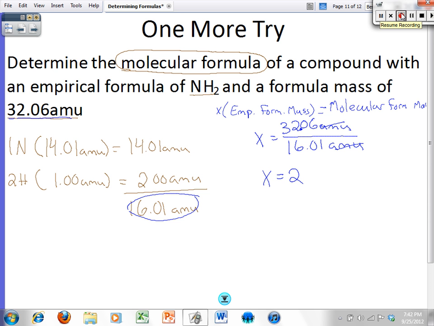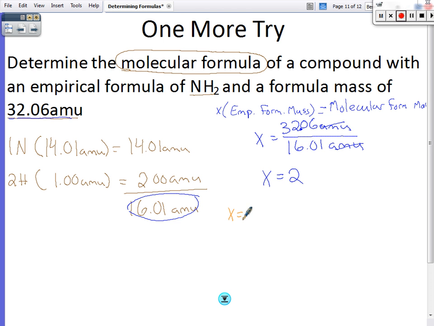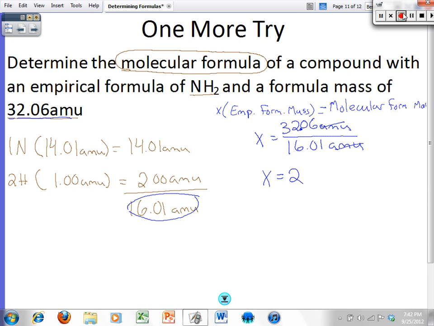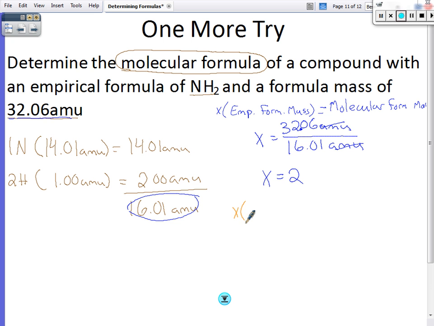Just to help you see it, we'll do it also. So X equals, now let's set up the whole thing. X times empirical formula equals molecular formula. All right, and I'll plug in here and we'll do the math from there. So I know my X is 2.